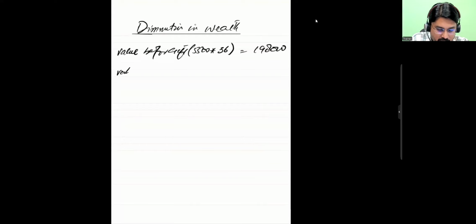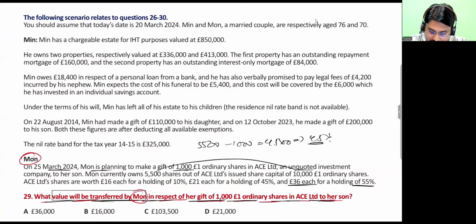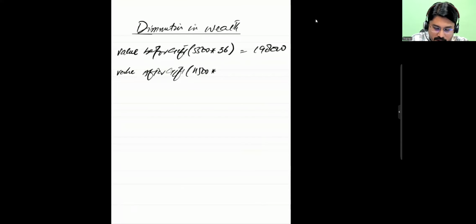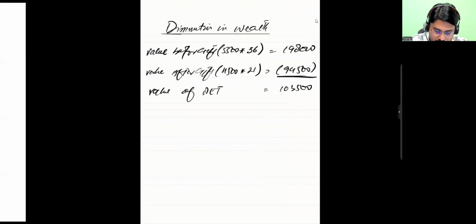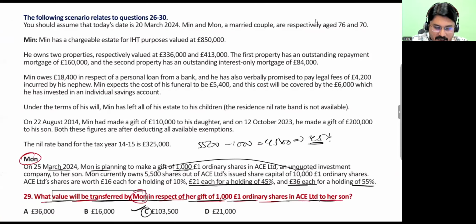If we check the value after the gift, as she has gifted 1,000 shares, the remaining shares will be 4,500, and according to 45% shareholding, each share is worth 21, and that's 94,500. The difference of these two is the value of the transferred shares, which is 103,500. So C is the correct answer for this question.